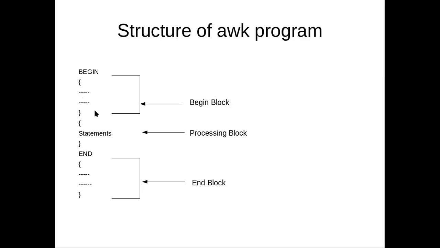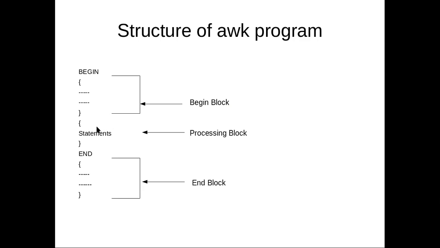Then the begin block will be followed by the set of processing statements. Again, these statements will be in open and closed curly braces. As I told you in the beginning, if I want to find the total weight of the students and the average, that calculation or those processing statements you can mention in the processing block.